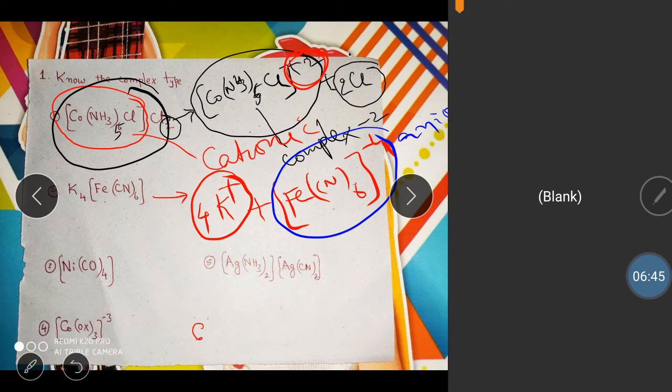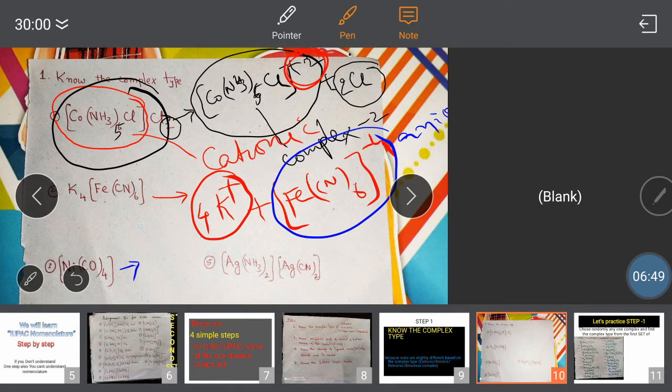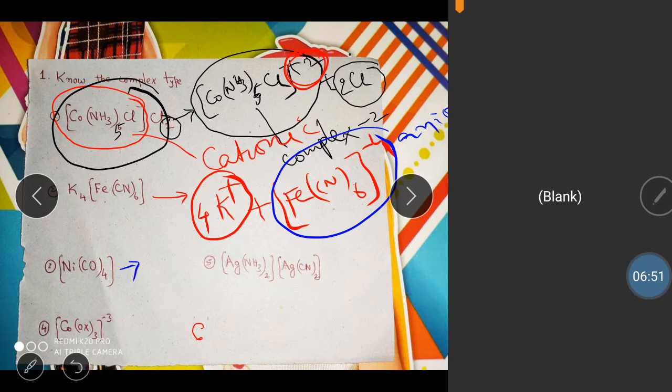What about the third one? If you see clearly, everything is in the square bracket, so nothing comes out. So neither cation nor anion. So this is called a non-ionic complex or neutral complex.